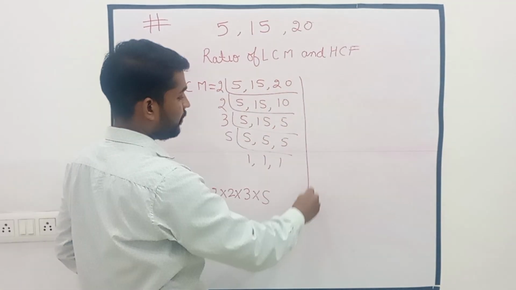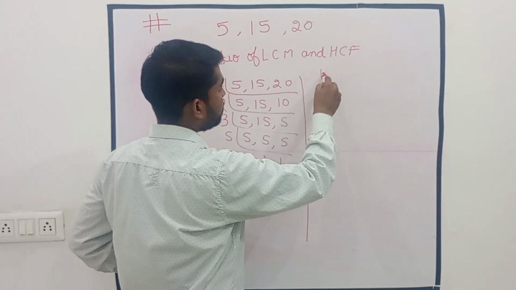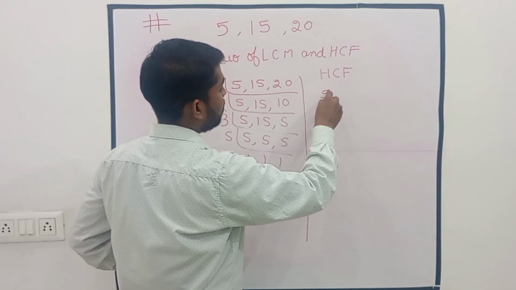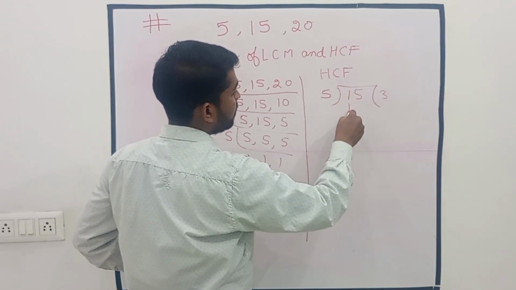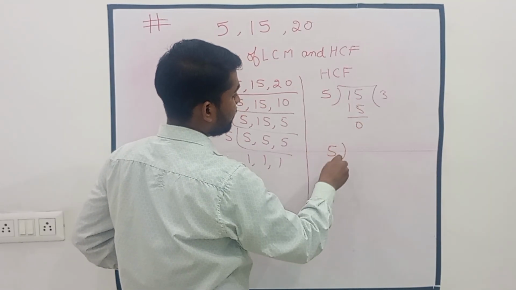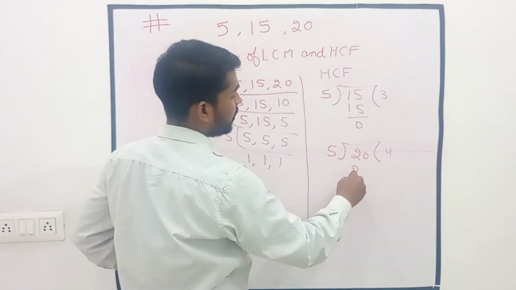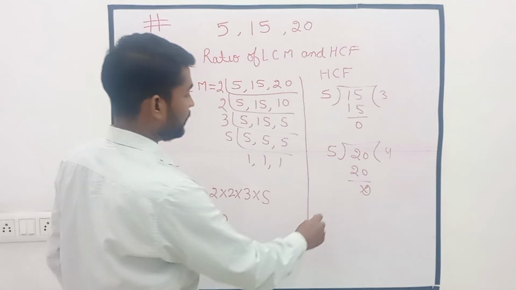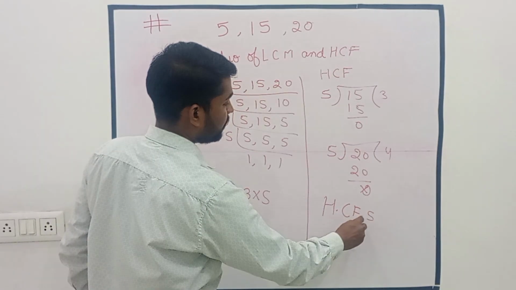Now we calculate the HCF using the division method. 5 divides 15, so 5 is the HCF so far. Again check the next one: 20, 5 fours are 20, so the remainder is 0. Therefore the HCF is 5.